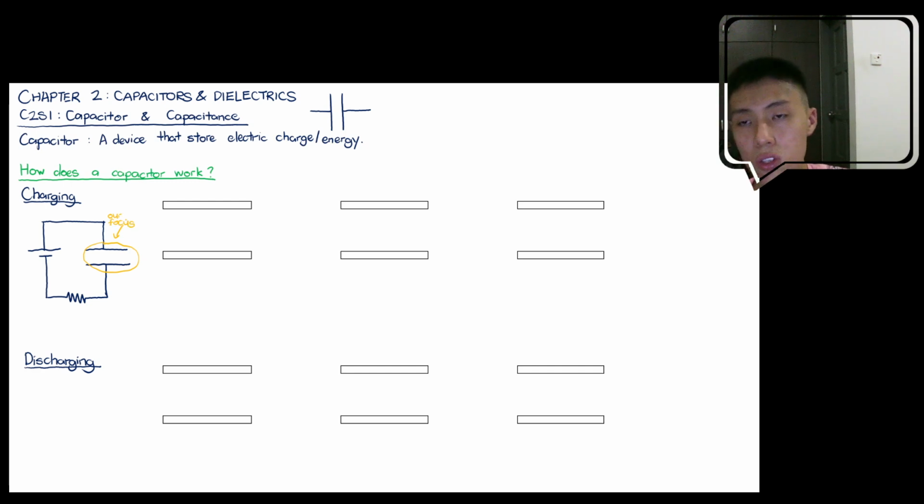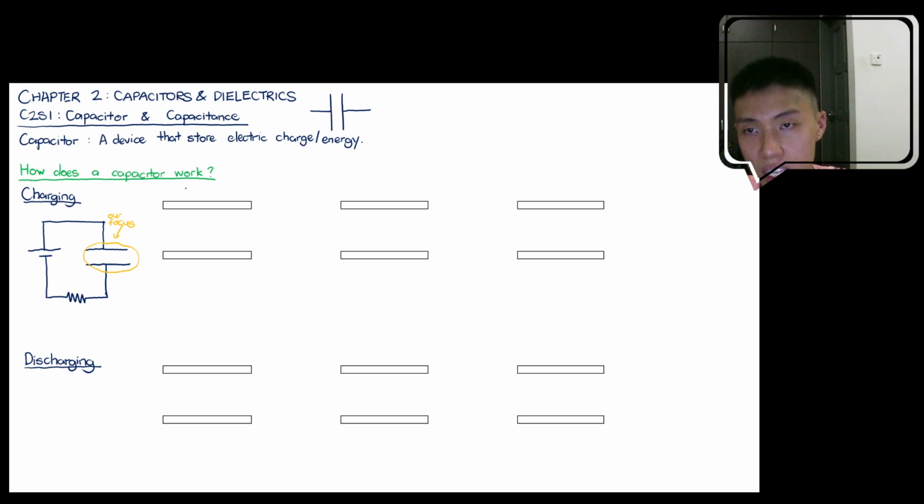So to understand the idea, let me start with a situation where you have a capacitor which has no charge being stored at all. I'm going to say this capacitor that you see right now is uncharged. Now I make the two plates over here become a physical rectangle that you can see.